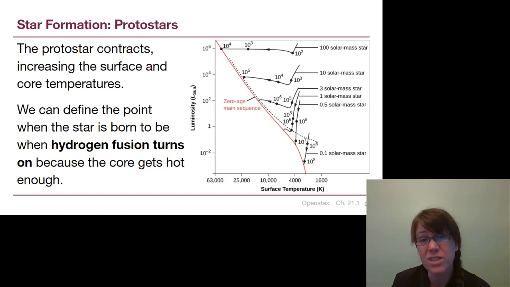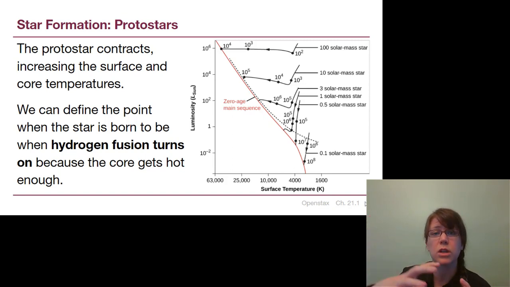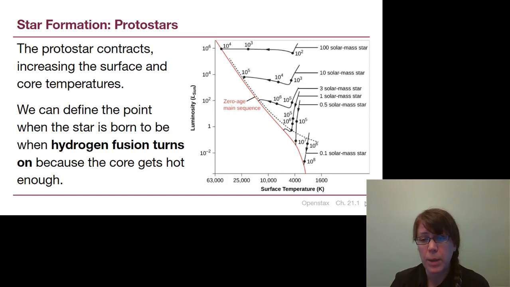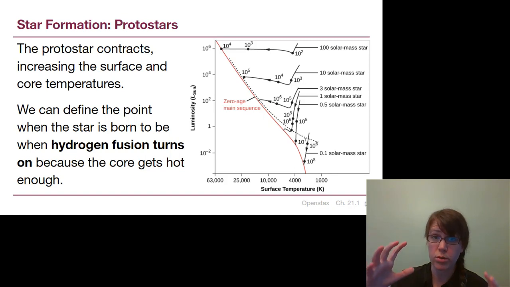Keep in mind, it's good that it took a long time, because in that 10 million years of the sun forming, that's when we were also forming the planets. And then for a 0.1 solar mass star, so a tenth the mass of the sun, it can take 100 million years of being a protostar, slowly contracting. Less mass means less gravity pulling on it, before we actually turn on fusion in the core.